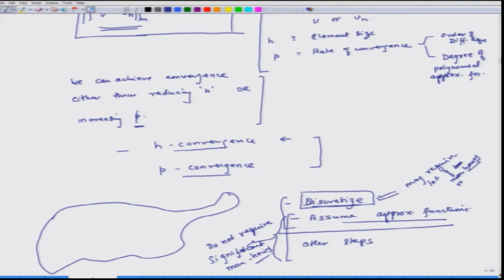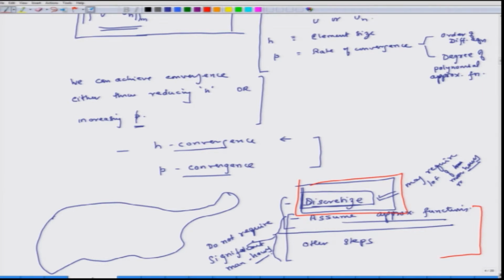So, if we have to ensure that the system converges, maybe we initially discretize it into 100,000 elements, then 2 lakh elements, then 3 lakh elements, and each time we are discretizing it, we are investing a lot of man hours. In other steps the computer takes care of it, so we do not bother too much. The only thing which concerns us is that we should not be waiting for the results for weeks or months. But the computer is doing our job, so labor is not lost.